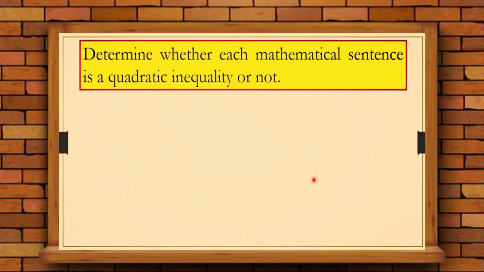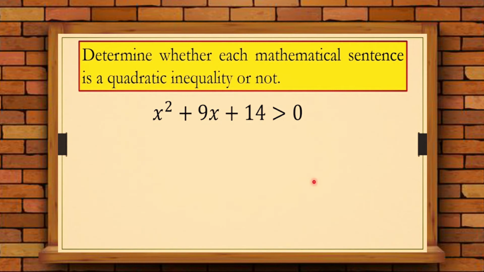Okay, determine whether each mathematical sentence is a quadratic inequality or not. So, I have here x squared plus 9x plus 14 is greater than 0. Is this a quadratic inequality?